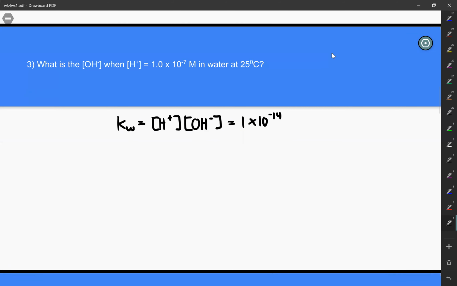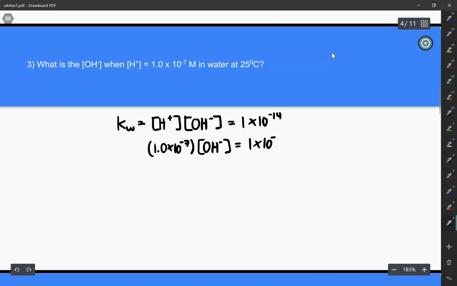So we can just plug in our H plus. That's 1 times 10 to the negative 7th times the concentration of OH equals 1 times 10 to the negative 14th.